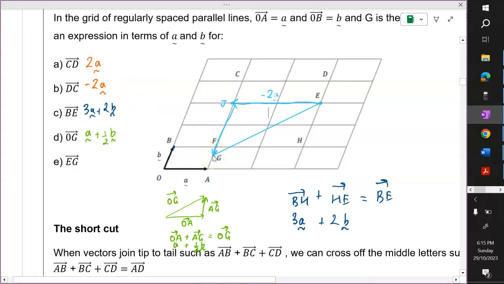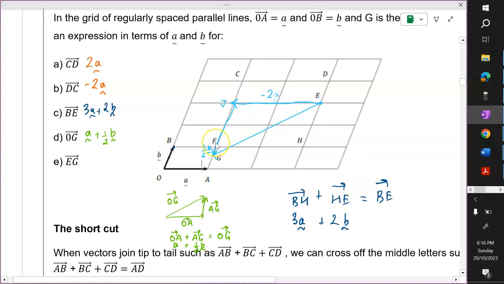JG. What do we know about that? Well, we know that this distance from G to F, we said was a half of B, vector B. And we know that we've got this vector here being of size B, and we've got two of those.